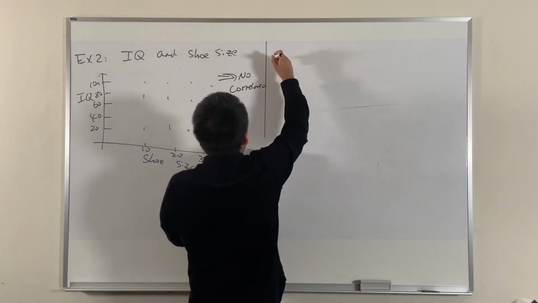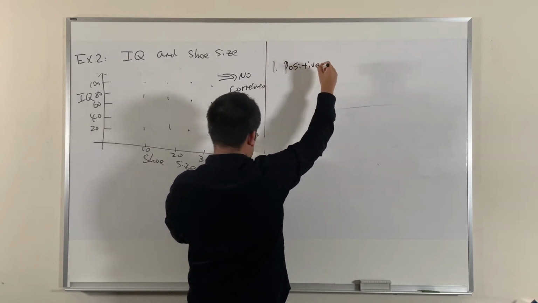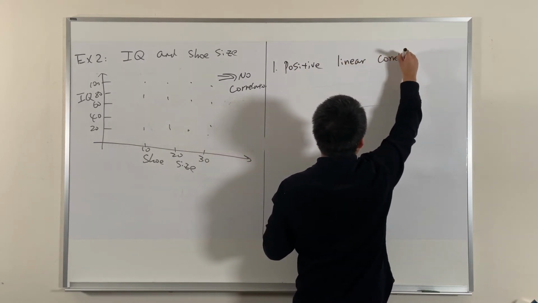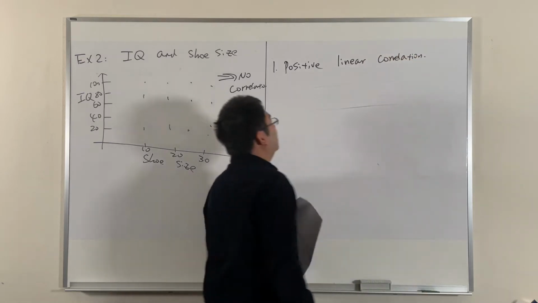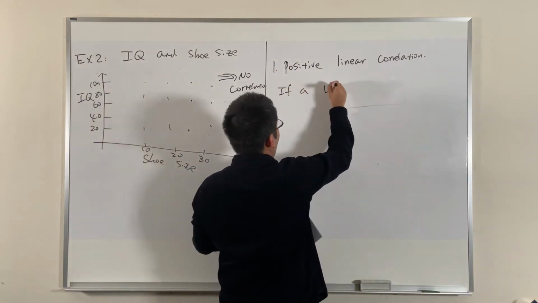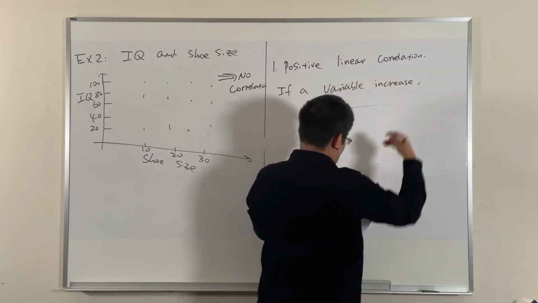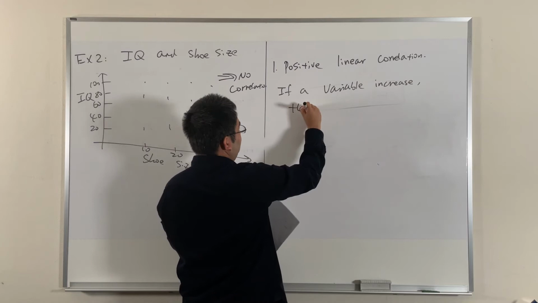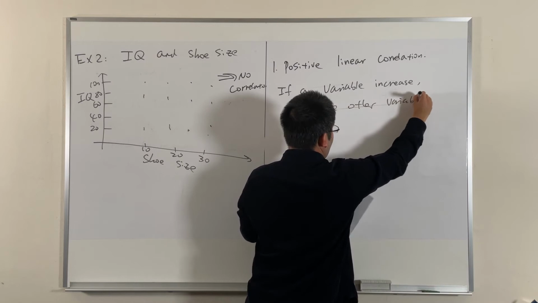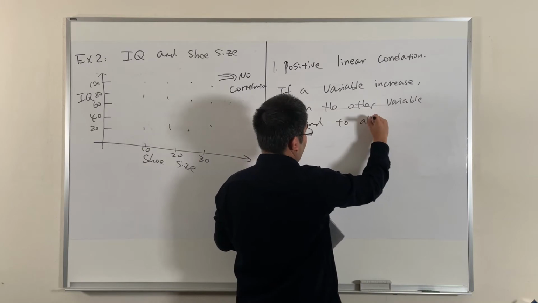So first, positive linear correlation. When we talk about positive linear correlation, we're saying that if one variable increases, the other variable tends to also increase.